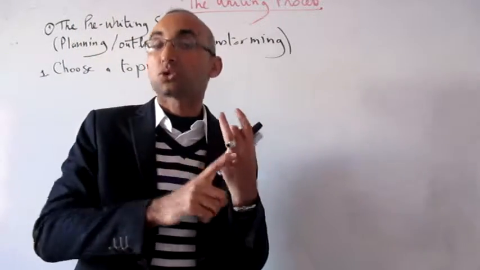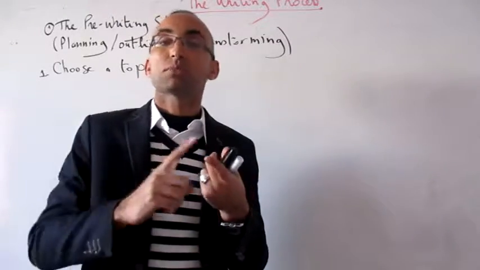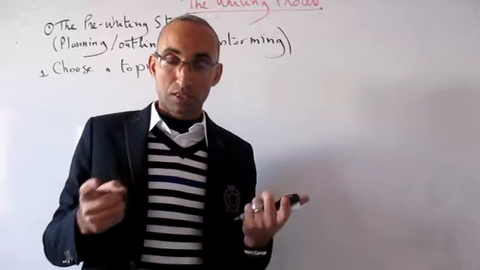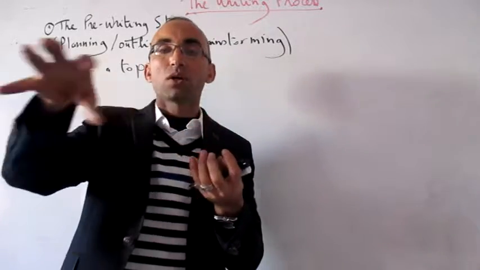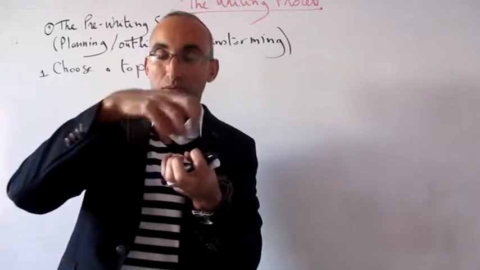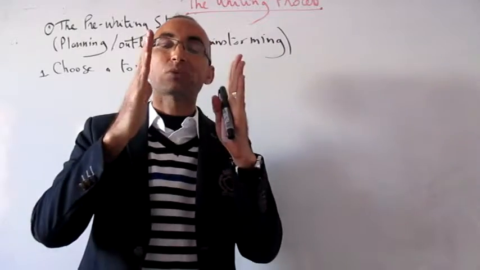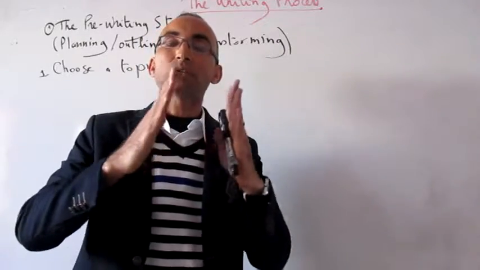I can talk about causes, effects, aspects, recommendations, solutions. Clear? So here I have many main points or many angles within this topic. So here I need to specify, limit and narrow down the scope of my topic.